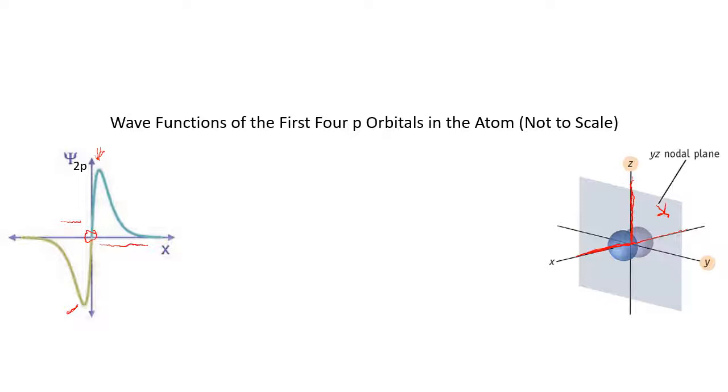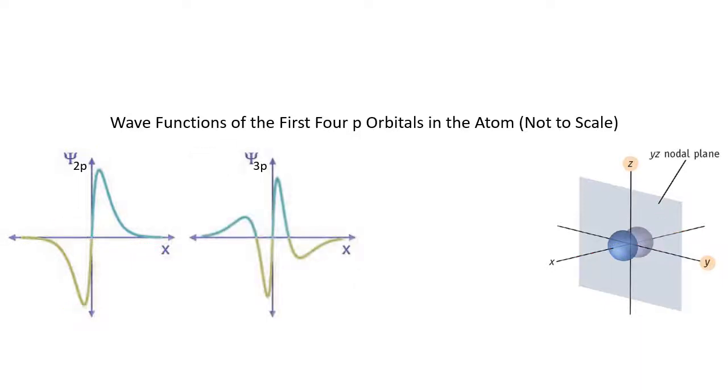Remember that the square of the wave function represents the probability of finding the electron. So we're going to square these wave functions in a moment, but for now, let's just look at the wave functions themselves. So this is our lowest energy, or 2p orbital. Remember, there is no p subshell for the n equals 1 level.